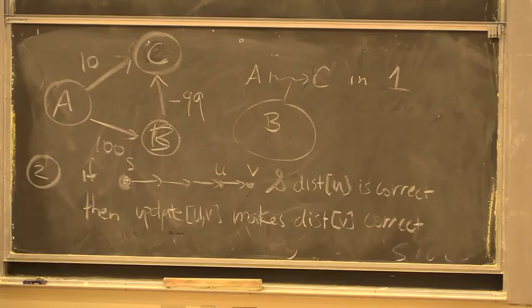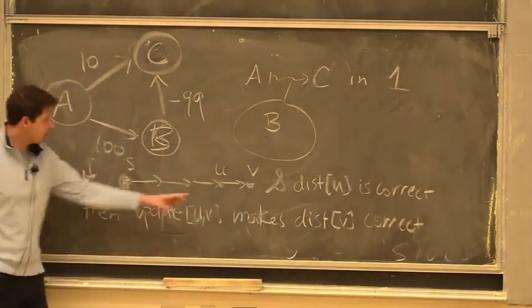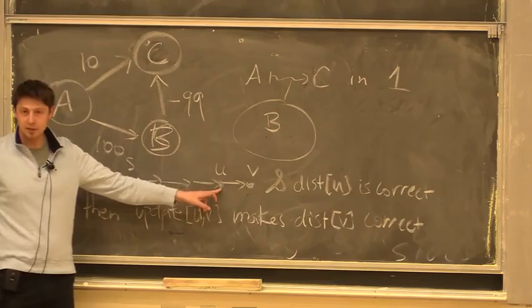So this is just a slightly more elaborate condition that says, when are we getting a correct answer by running update? Okay? But then we wonder, okay, fine, so that's a nice hypothesis, but how do I know when this hypothesis holds, right? Yeah? What was the extra condition you needed in the second statement? Here? So this picture means if U is the second to last vertex on the shortest path from S to V, okay?